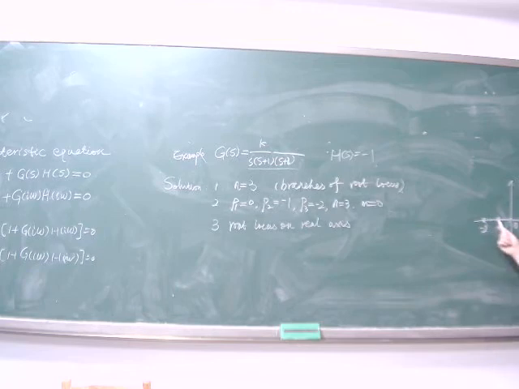Because on any point on its right, there are two poles. It is an even number. Only an odd number gives root locus.